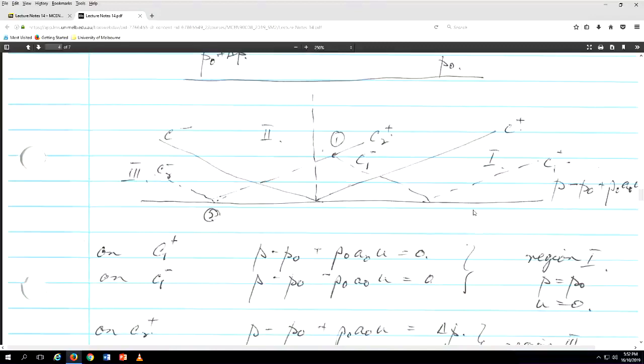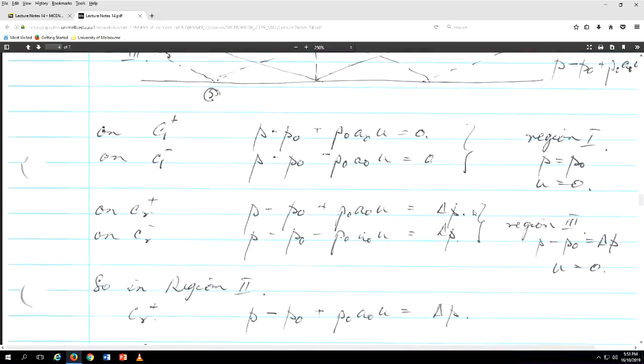But what about from this point here? Let's take the C2 plus and the C2 minus. Well, they're easy to work out because I know that the velocity is 0 initially, but the pressure is not 0.